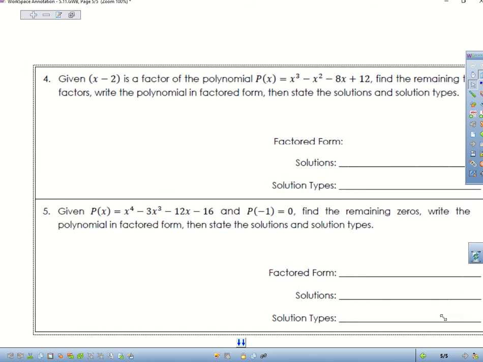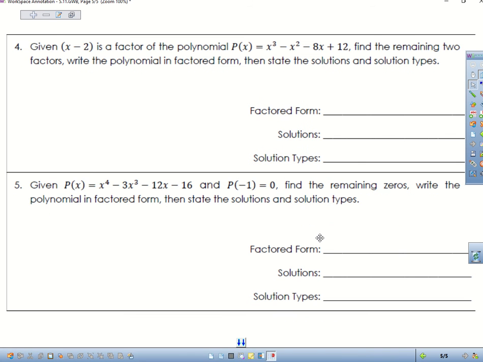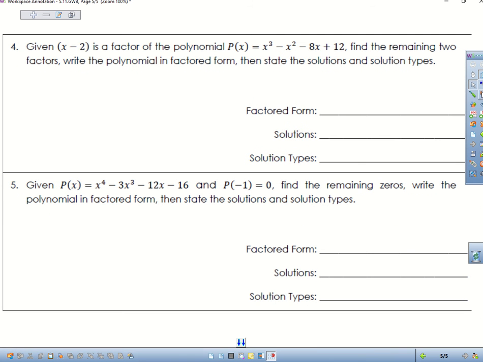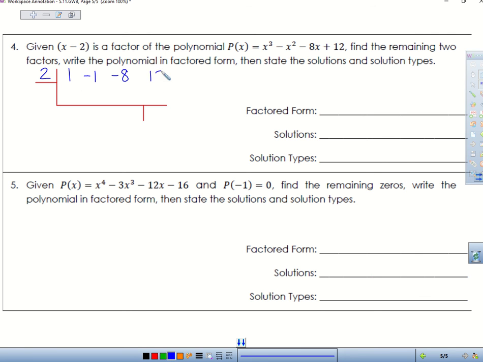Number 4. Everybody kind of getting the hang of the process here? So we'll do synthetic division. What goes on the outside? 2. Good. On the inside? 1, -1, -8, and 12.